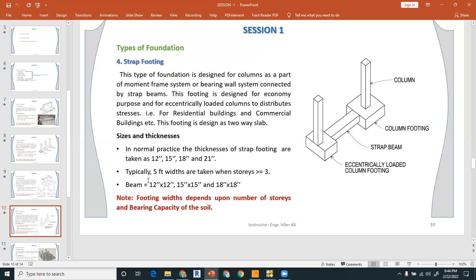And the typical width is 5 feet when the number of stories is greater than or equal to 3. And the strap beam dimensions are normally taken as 12 by 12, 15 by 15, and 18 by 16, depending upon the thickness of the footing. For example, if the thickness of the isolated footing is 12 inches, then you are restricted to a footing depth of 12 inches, and the rest of the width is your choice as per the requirement, right? So again, this note is the same for the strap footing.